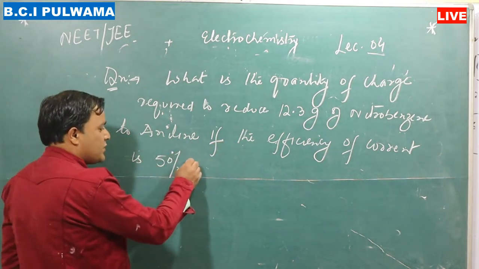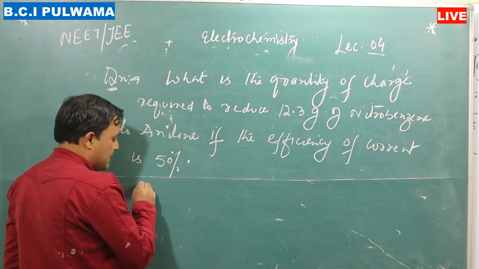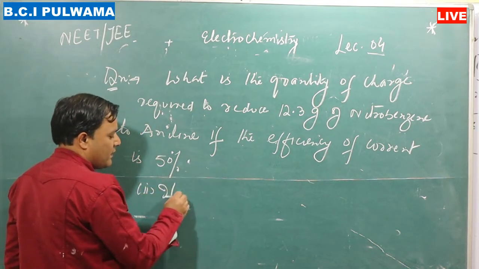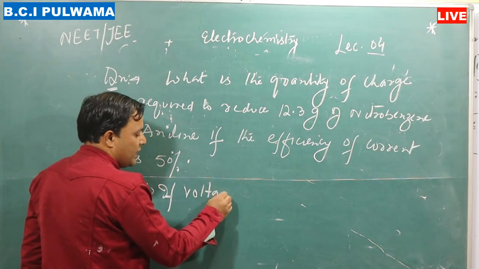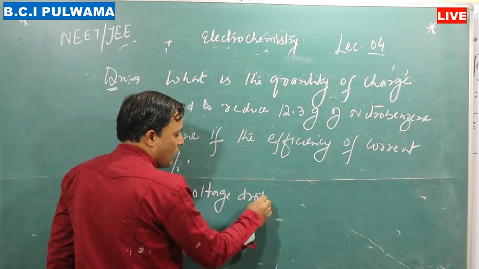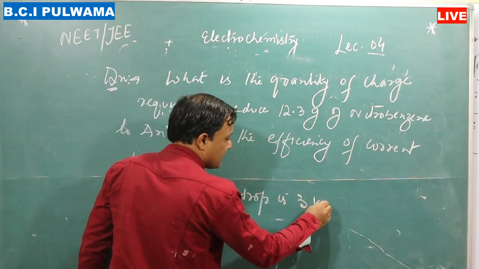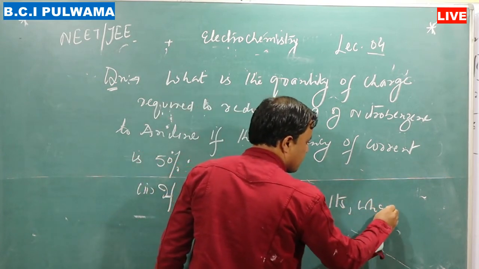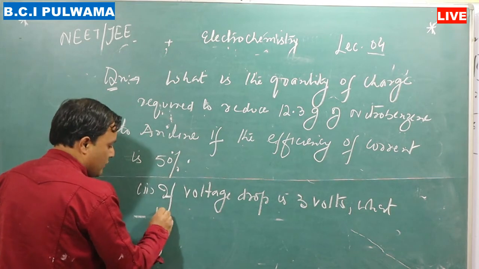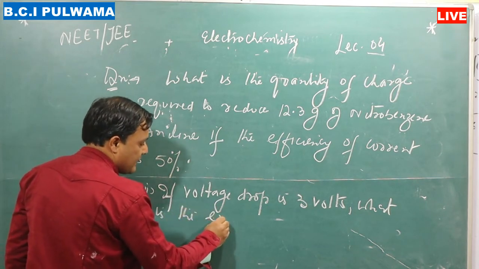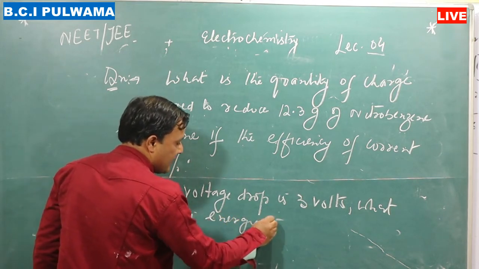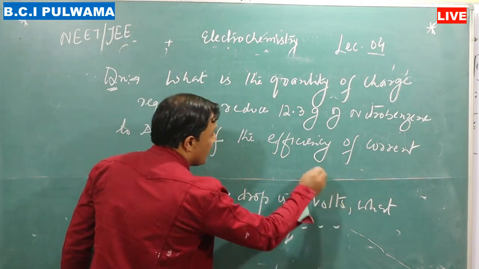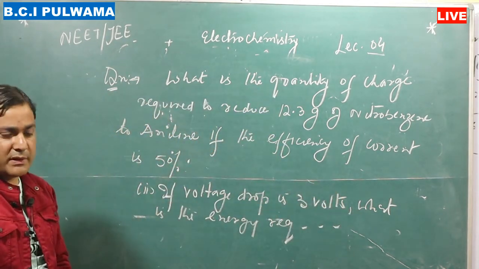Number 2: if the voltage drop is 3 volts, what is the energy required for the reduction of nitrobenzene?